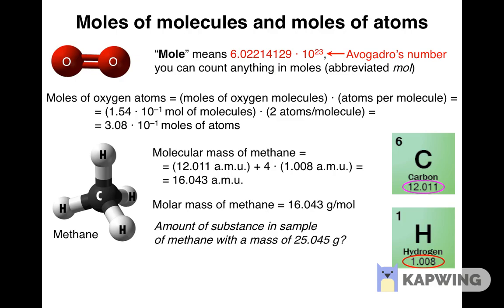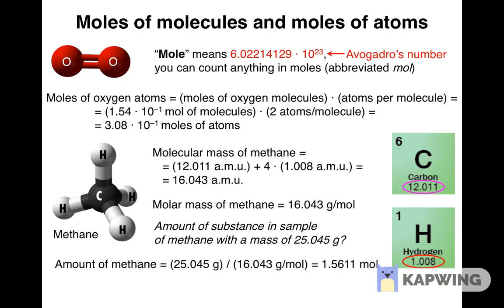How many moles of methane molecules do we have? The amount of methane is equal to the mass of the methane sample divided by the molar mass of methane. And that's 25.045 grams divided by 16.043 grams per mole, which gives us 1.5611 moles.